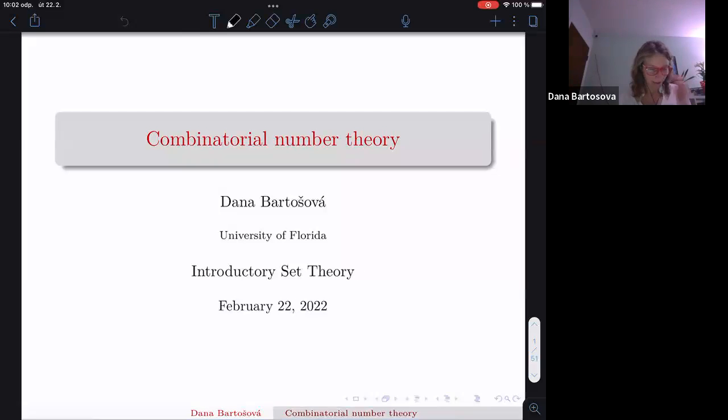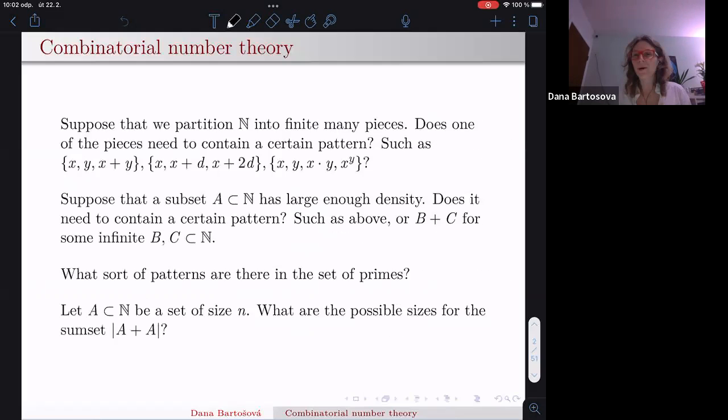So this area is called combinatorial number theory, or also additive combinatorics. And it talks primarily about natural numbers, but often the proofs generalize to other types of, in this case, semigroups, or to larger systems than just countable sets. Okay, so what is combinatorial number theory?